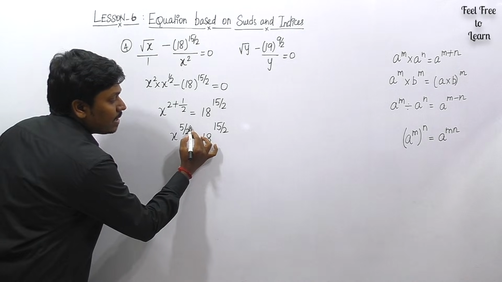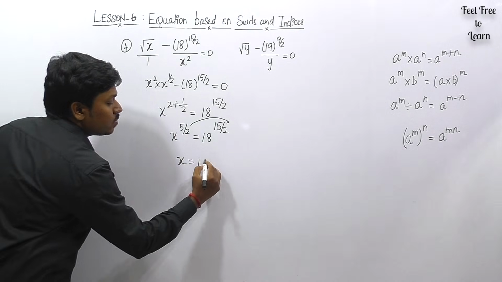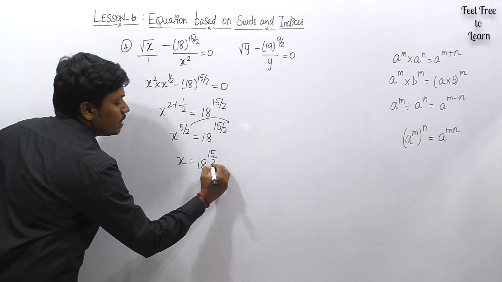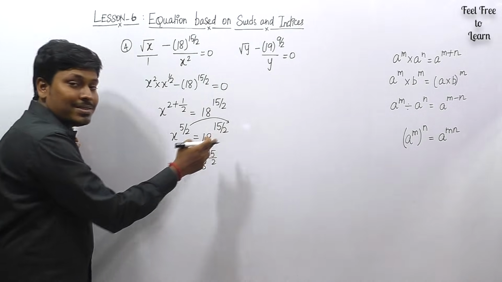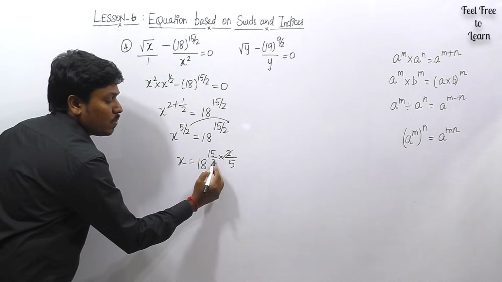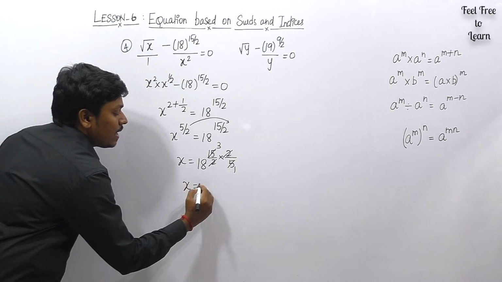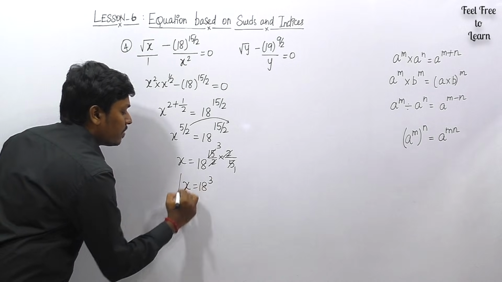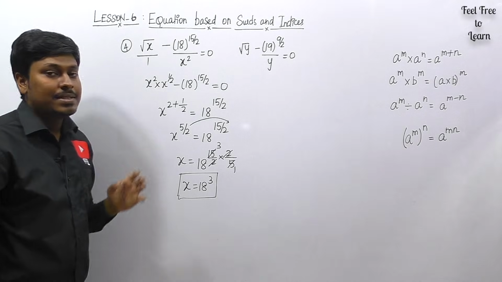When you bring this 5 by 2 towards the right hand side, it becomes 2 by 5, right? So x is equal to 18 power 15 by 2 into 2 by 5. So you can cancel 2 and 2. 5 1s are 5, 5 3s are 15. So finally we got x is equal to 18 cube. So hence we got the value of x, that is 18 cube, for the first expression.